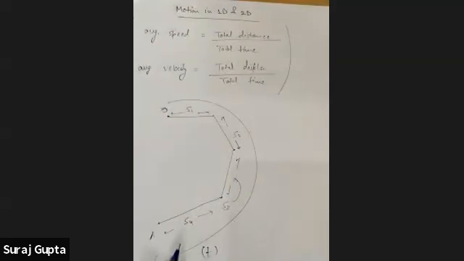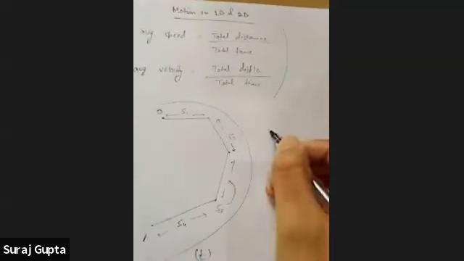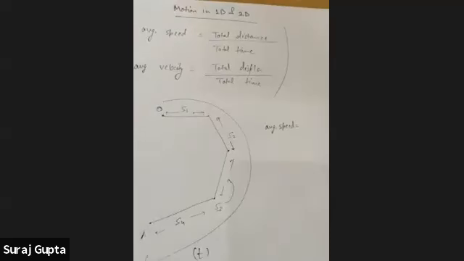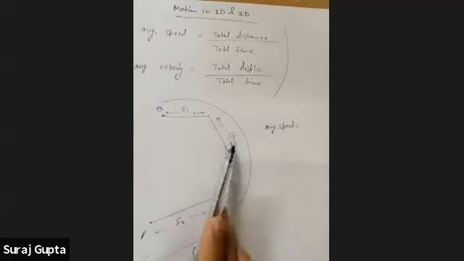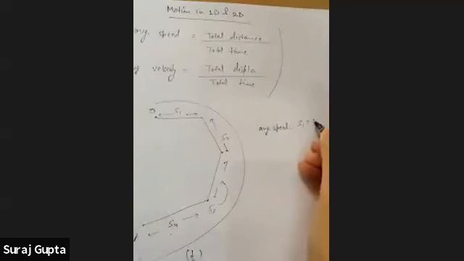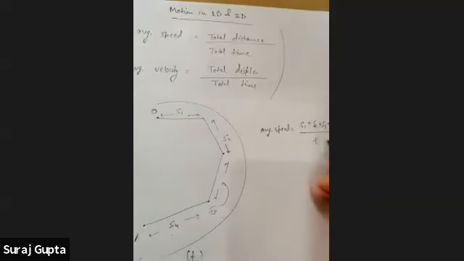If I talk about the average speed of this particle when it travels from point O to point A, average speed is the total distance upon total time. The total distance is s1 plus s2 plus s3 plus s4, and the total time taken is t. So average speed would be s1 plus s2 plus s3 plus s4 upon total time t.